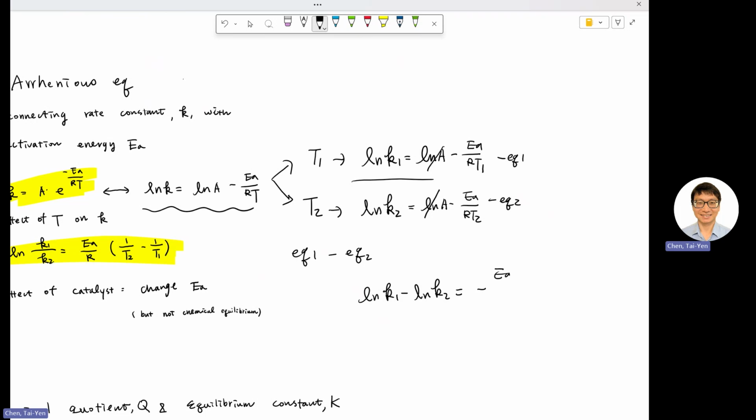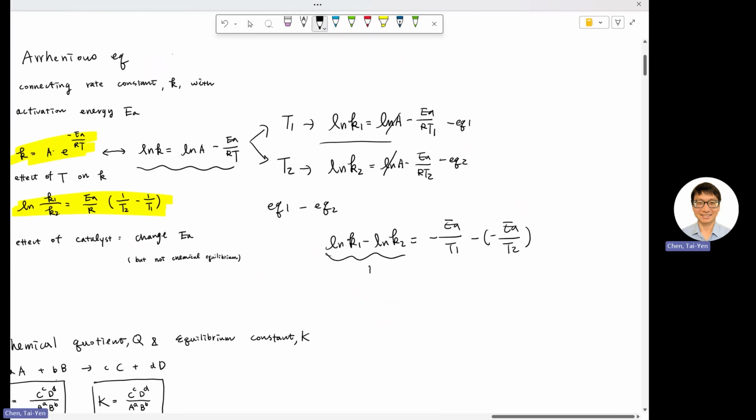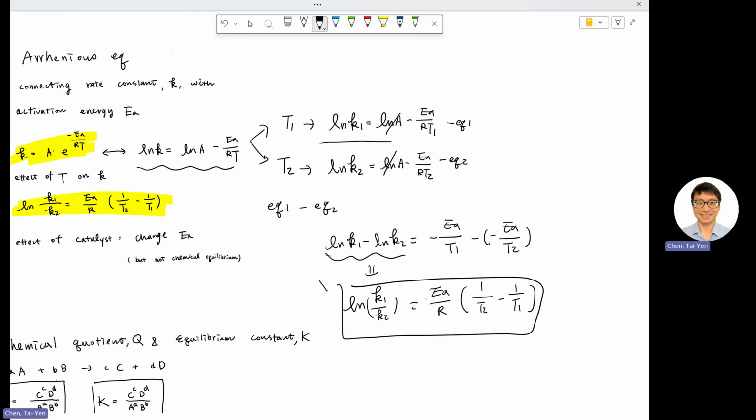You have negative EA over RT1 minus negative EA over RT2. So this becomes natural log k1 over k2, and then you can pull out EA over R, and you end up with 1 over T2 minus 1 over T1. So this is the equation.